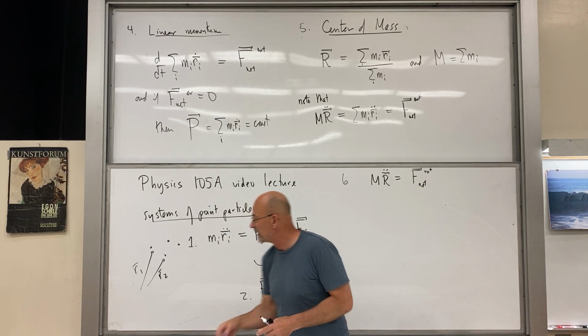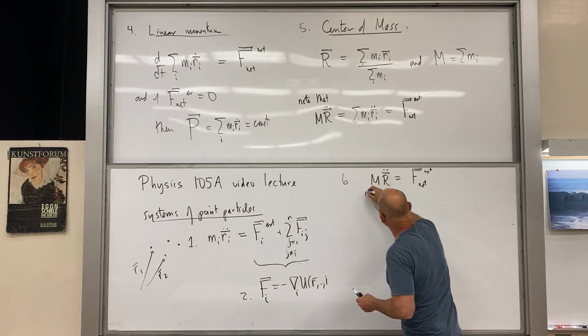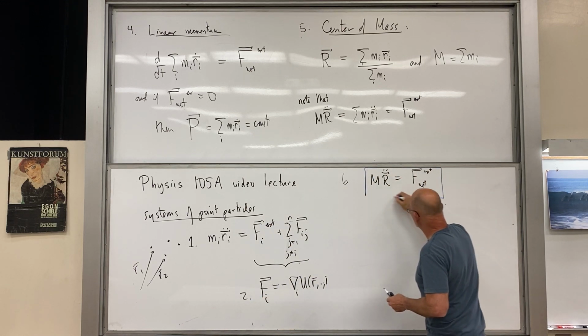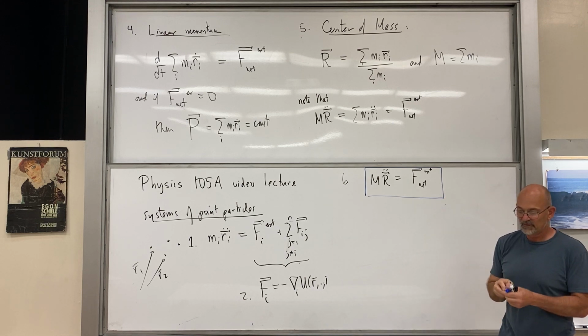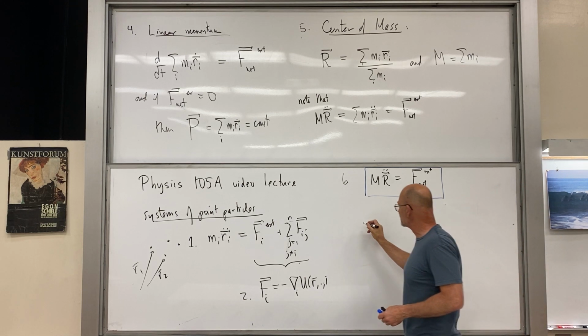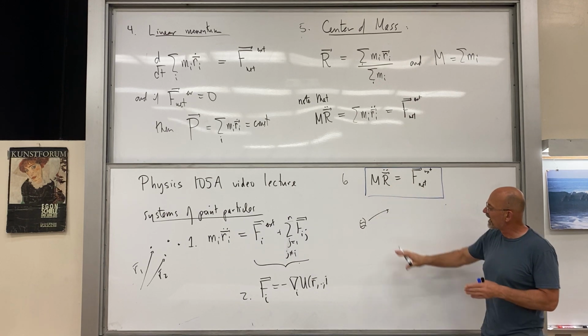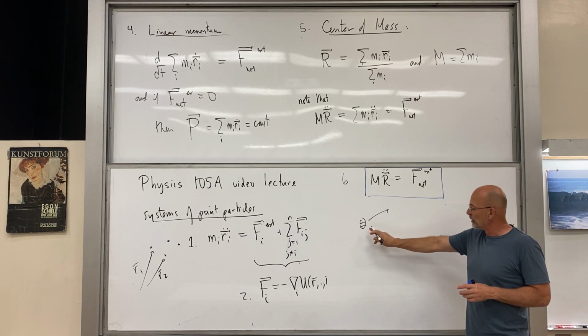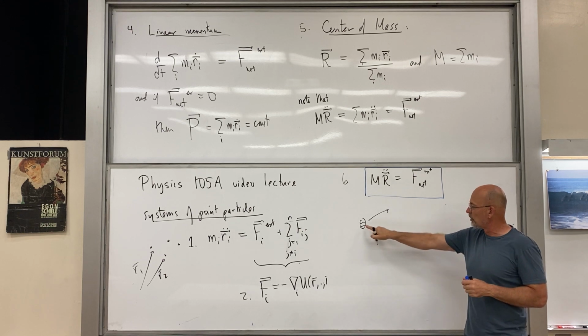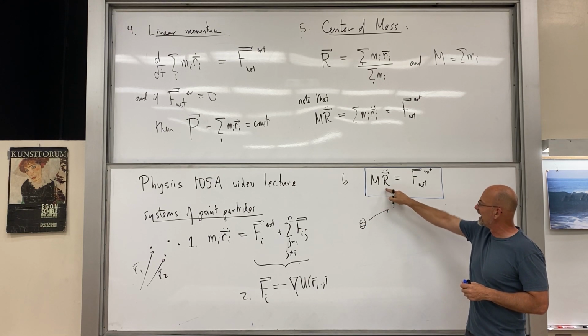So this is in fact what we always use when we take an extended object, say a tennis ball or a baseball or something, and we launch it and we identify the position of this extended object with one point in space, the center of mass.